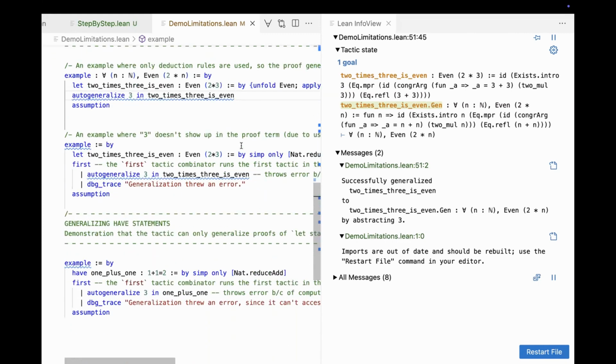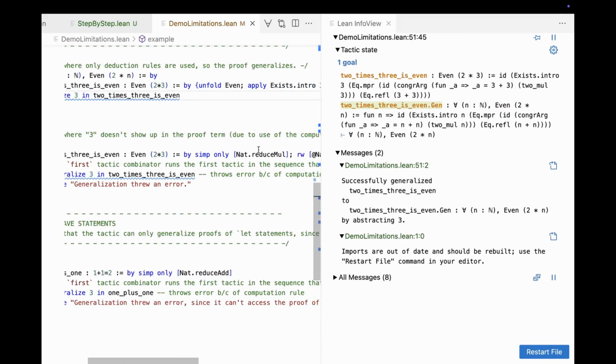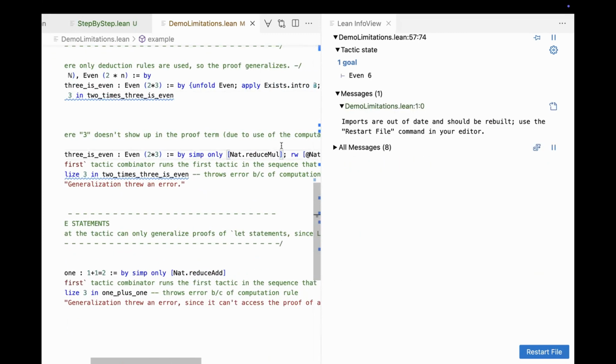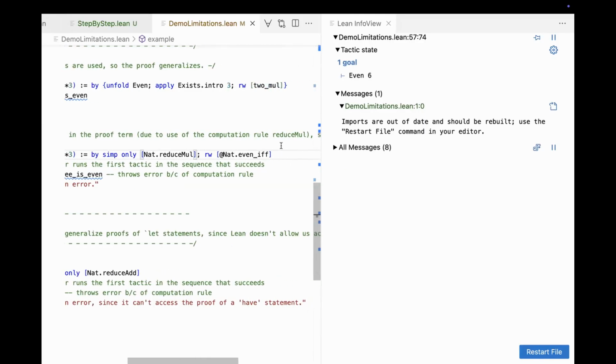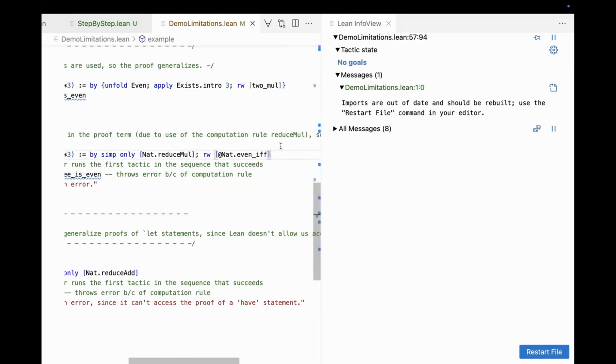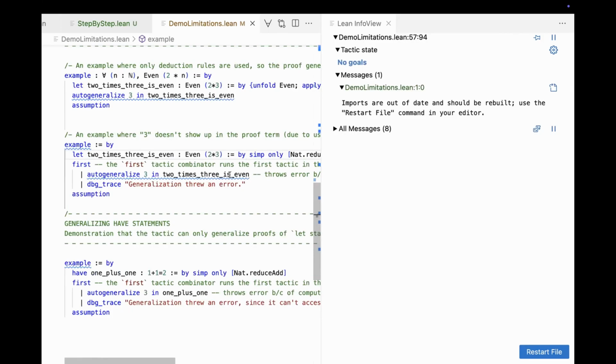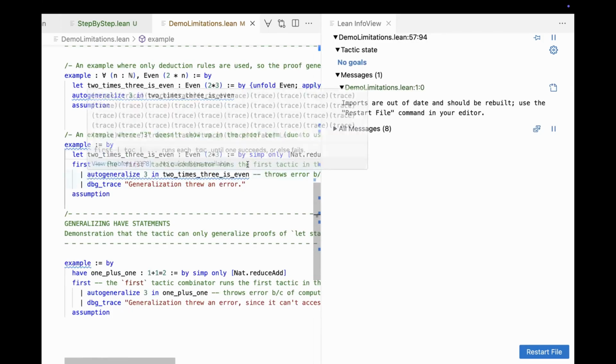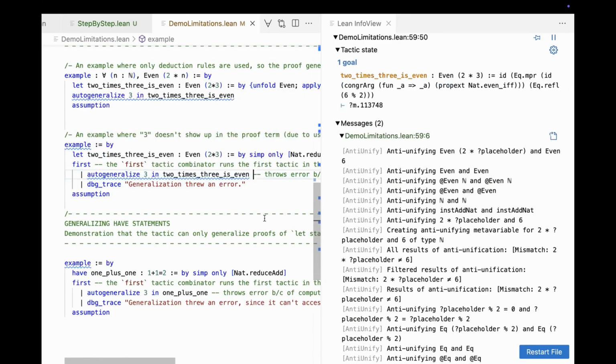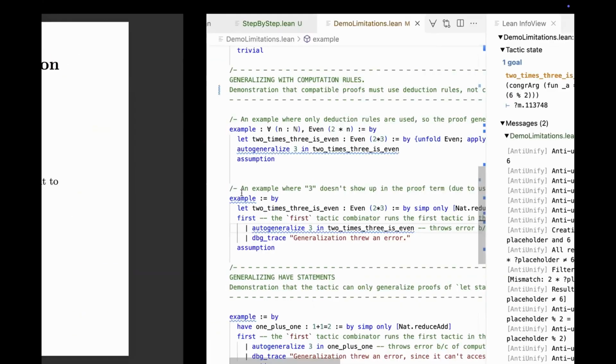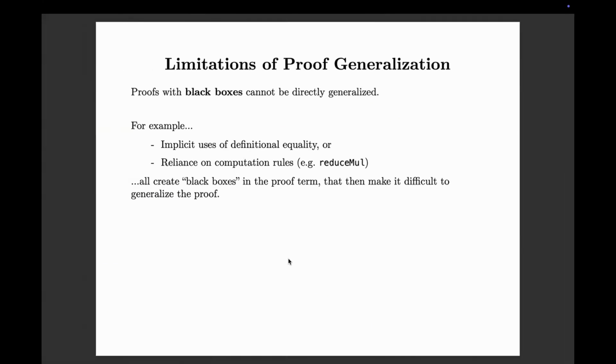But if the way that you prove 2 times 3 is even is by doing this calculation, and then this, and you try to generalize the 3, there's no 3 in the proof. That's obscured. And so we can't run this generalization tactic. So that's what I'm getting at with that. Yeah, thank you.